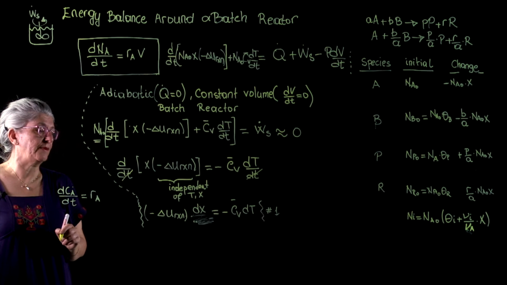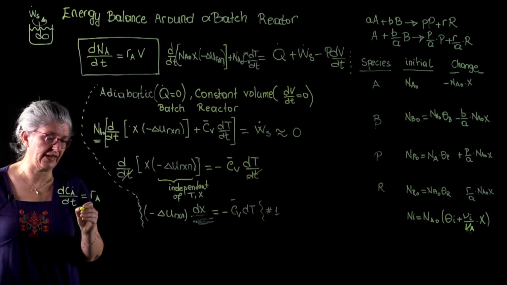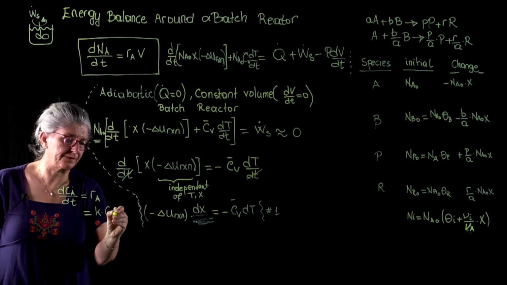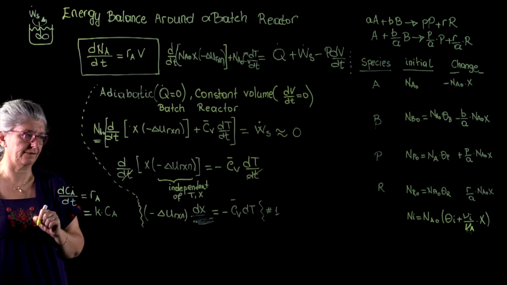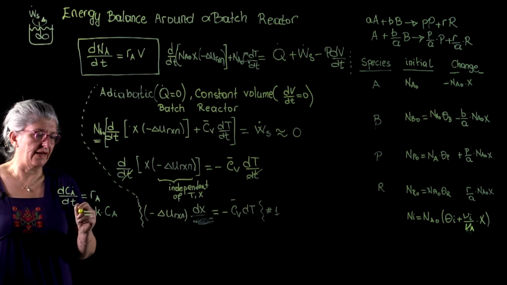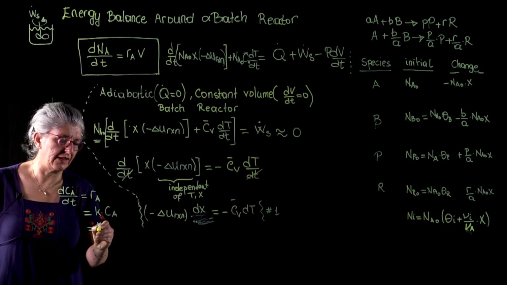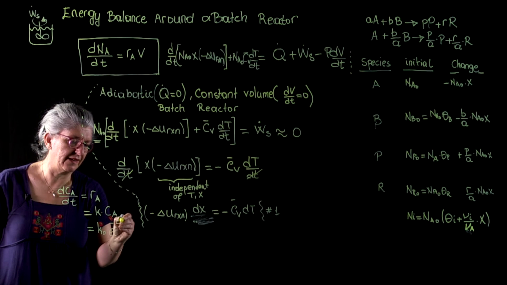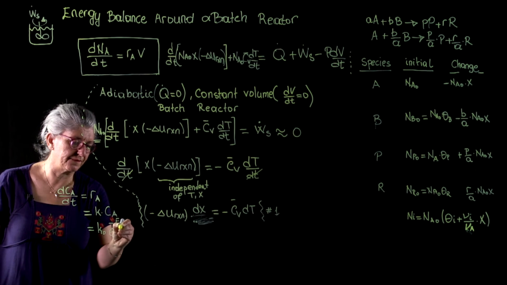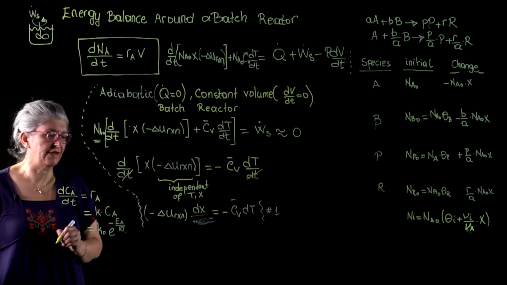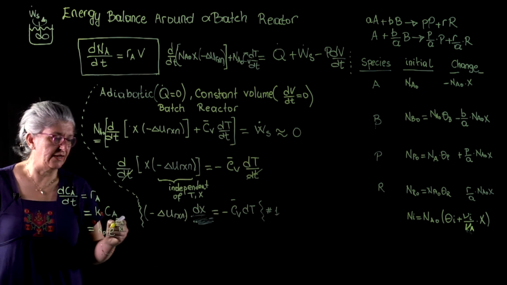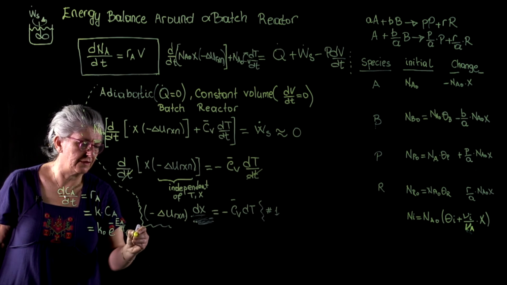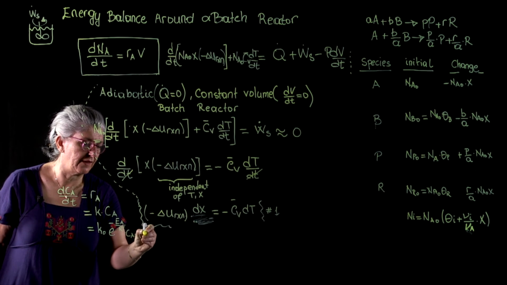And we are going to solve this problem for a hypothetical first order reaction, which is K times Ca, where K is equal to K0 e to the minus Ea over RT, and Ca is equal to Ca0 times 1 minus x.